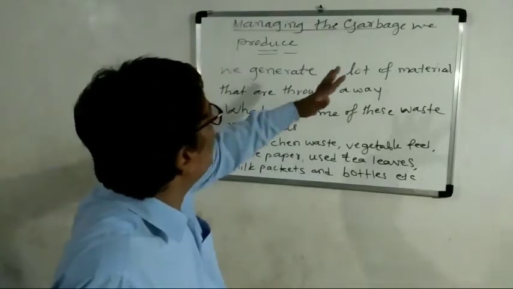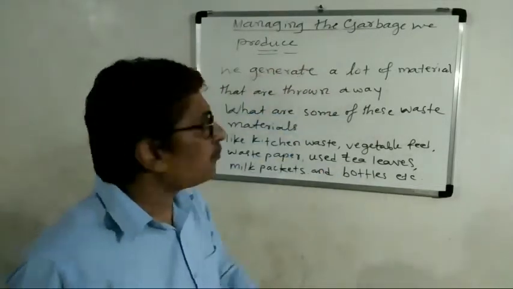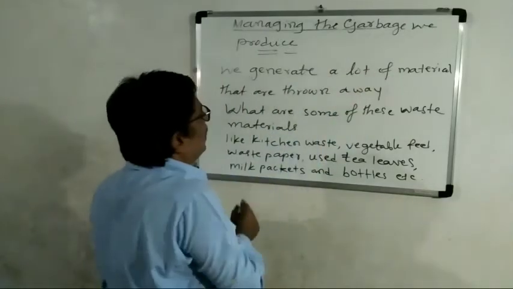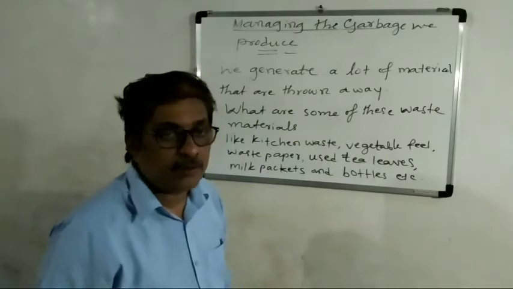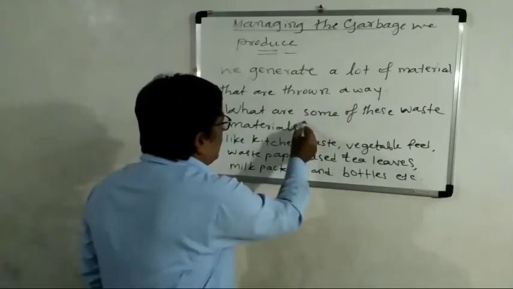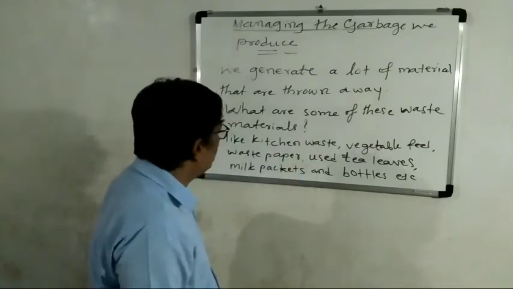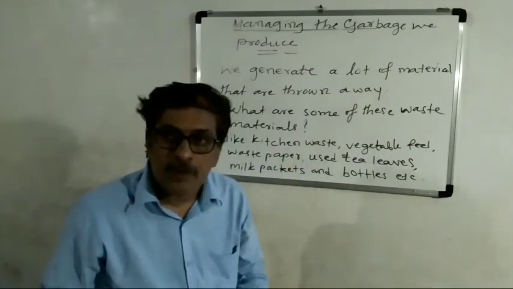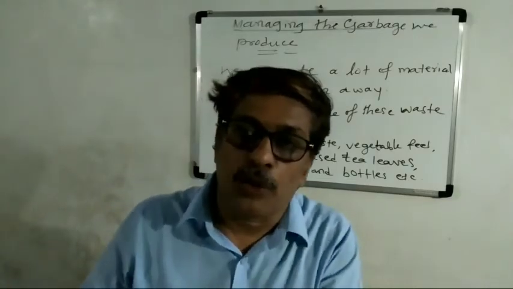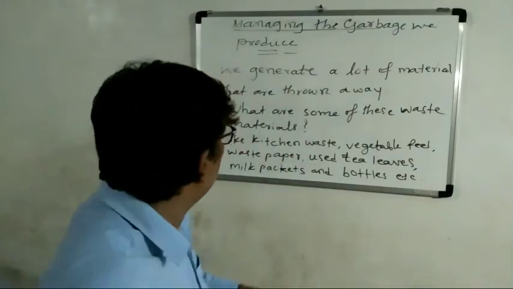Now, managing the garbage we produce. We generate a lot of material that is thrown away. What are some of these waste materials? And what will happen if we throw the waste materials?